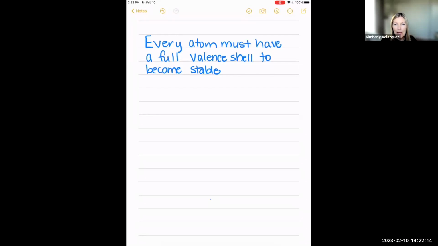So every atom must have a full valence shell to become stable. And one way that atoms can achieve that is through sharing electrons.